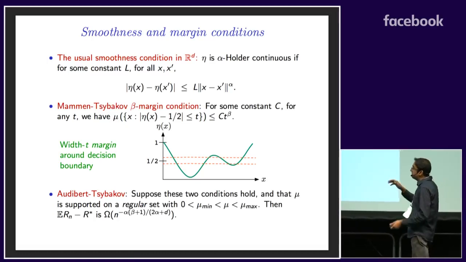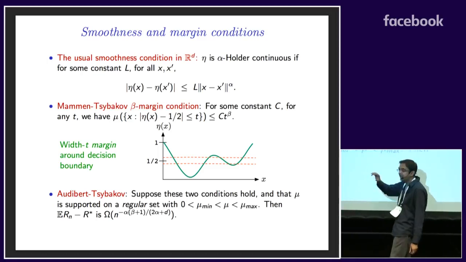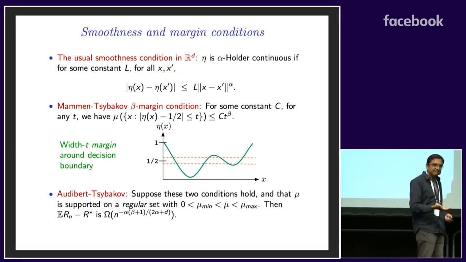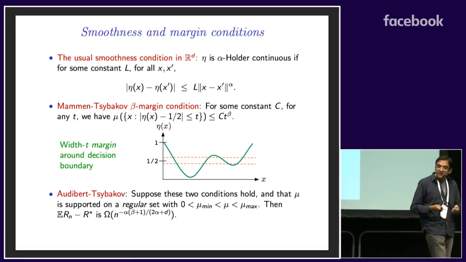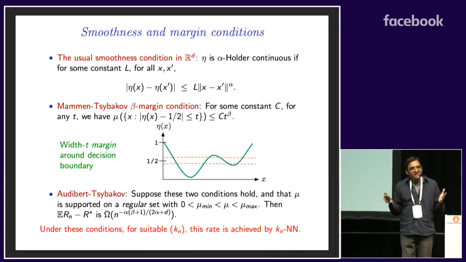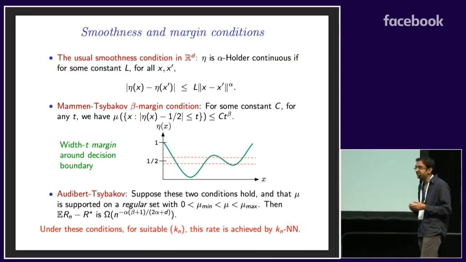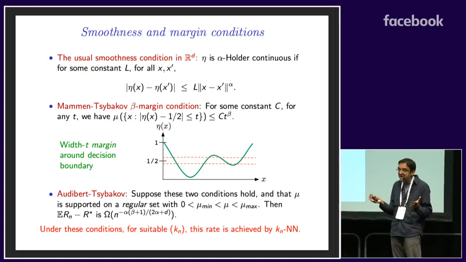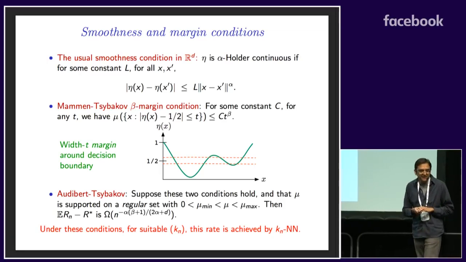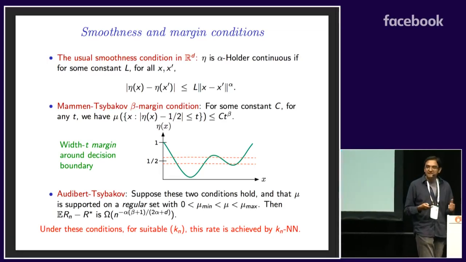And it was shown by Audibert and Tsybakov that for any method, there are some basic lower bounds on the achievable rates. And it turns out that nearest neighbor achieves these rates. So as far as non-parametric methods go, it gets the best possible rates under these smoothness assumptions. And so it's a nice method.